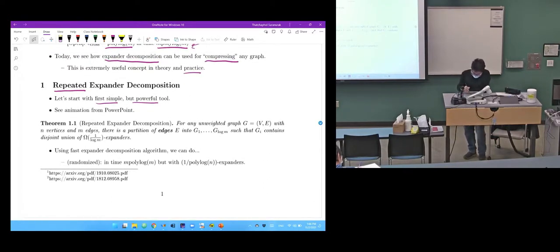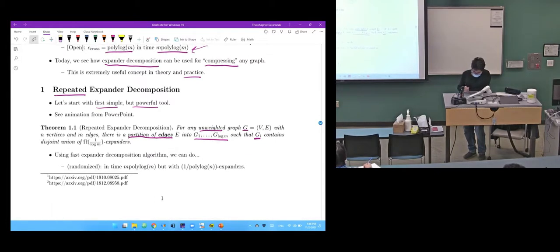So basically, this is what we get. Given an unweighted graph G, there is a partition of edges into log n mini graphs, such that each of the graphs contains a disjoint union of 1 over log expanders.